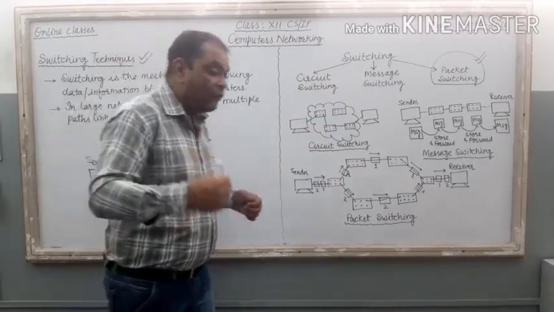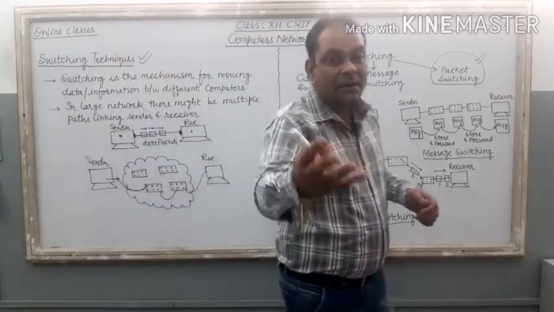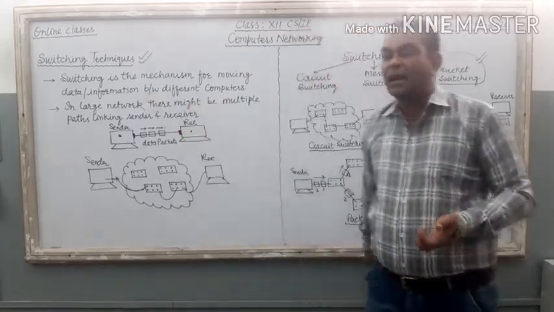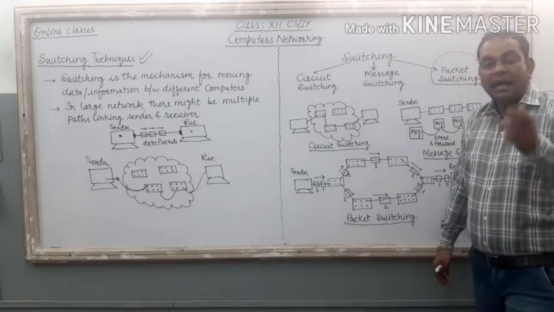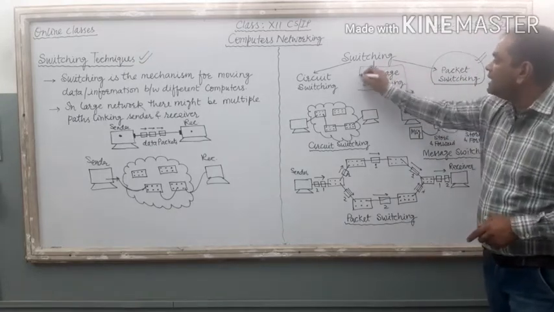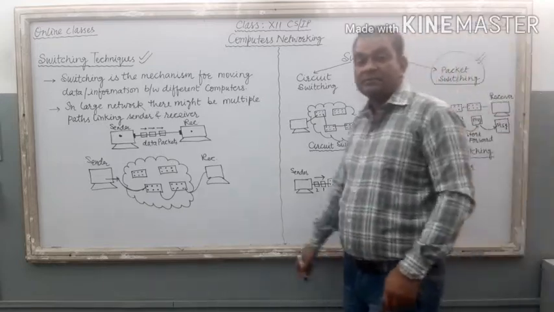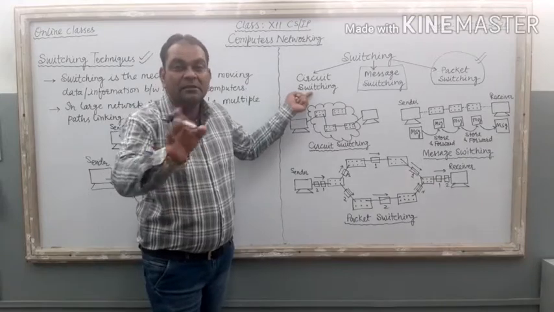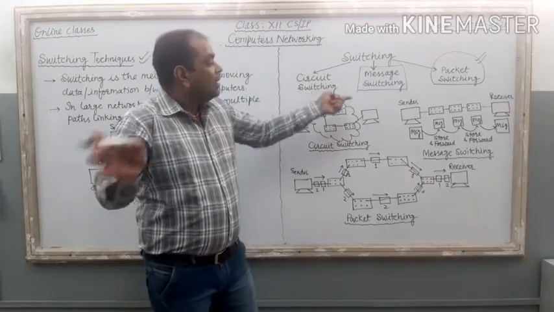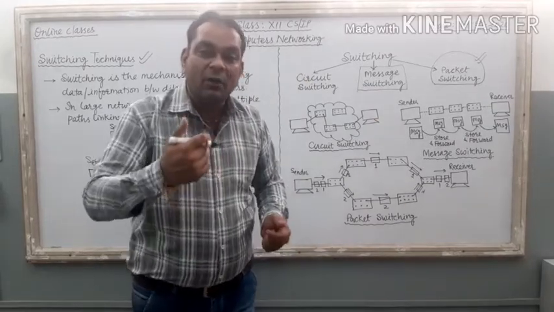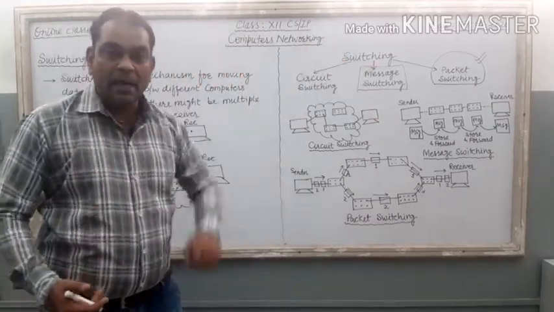Now, if you want to send an SMS or a chat message to your friend, the technique that is applicable is known as the message switching technique. The example of circuit switching is a voice call. The example of message switching is the SMS that we send from our mobile to any other mobile.